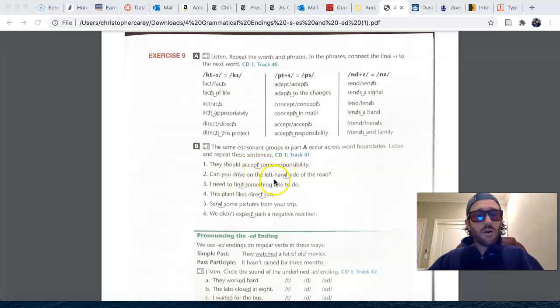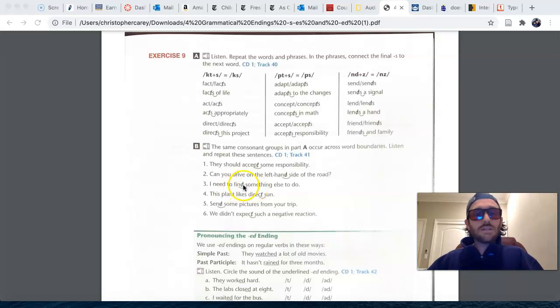Can you drive on the left-hand side of the road? Left-hand side. Can you drive on the left-hand side of the road? And we'll do one more together. I need to find something else to do. Find something else to do.